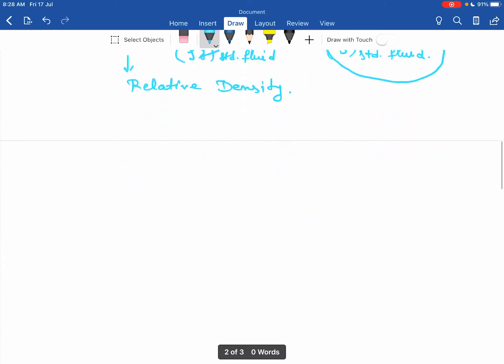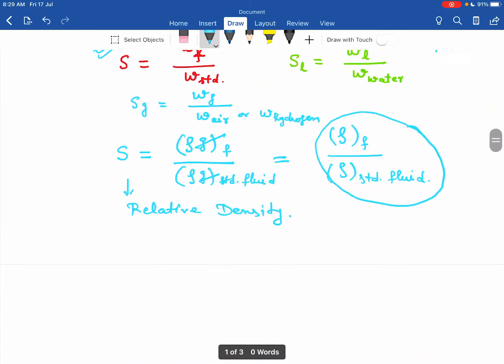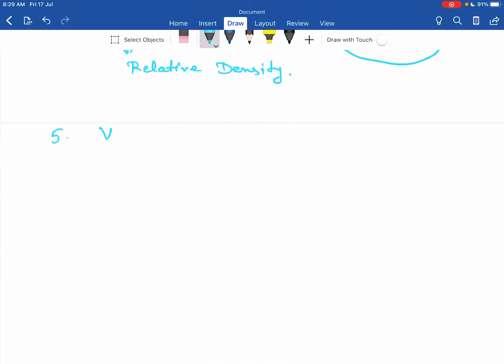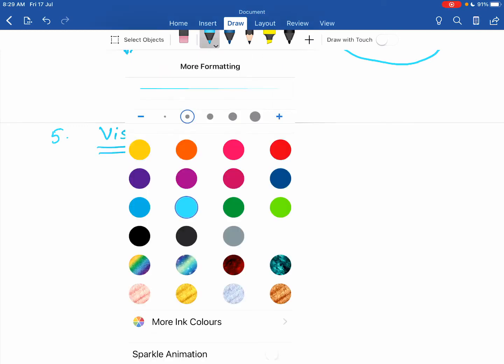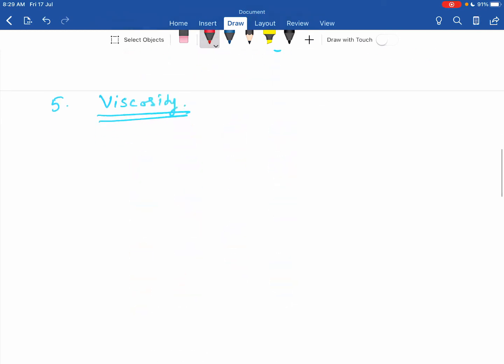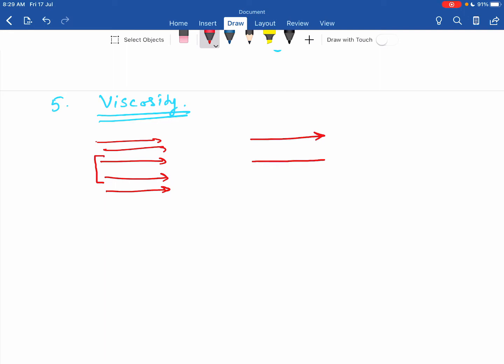Then another important property of fluid is, that is the fifth one, viscosity. Okay. So let us say we have a flowing liquid. So that liquid is flowing in layers, something like this. And if we talk about two successive layers, so this is one layer, this is the second layer.